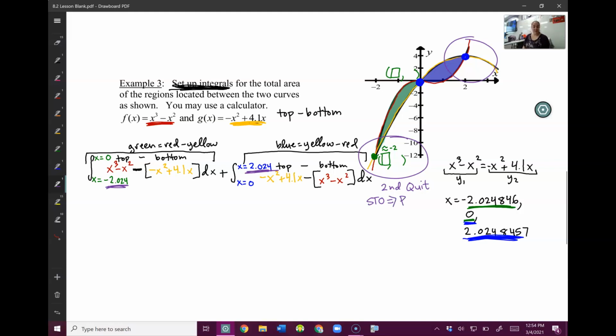Then when you find this intersection point, you'd want to hit second, quit, and store it as a different letter. Let's say Q. And then when you're actually plugging in these integrals, you don't want to type in the approximated decimal. You want to use the actual number, the whole stored number, not just part of it. So then in this integral, you would type in the letter that you stored those numbers in.